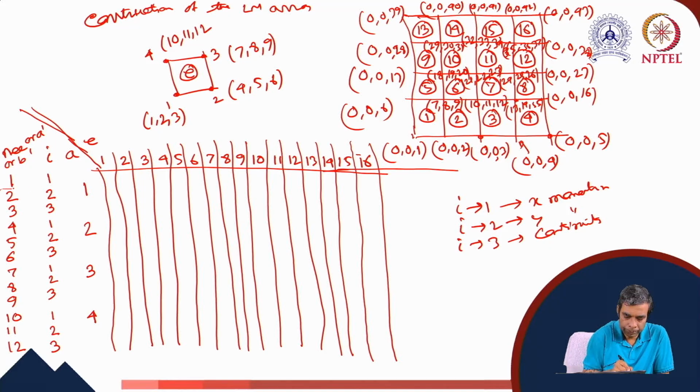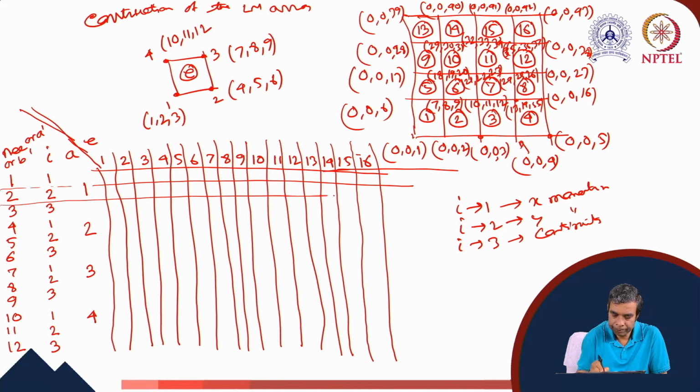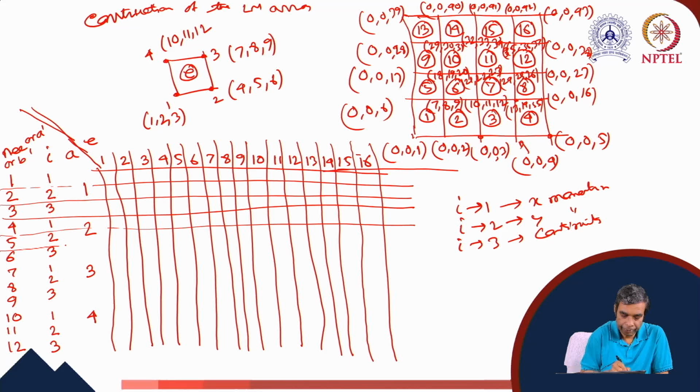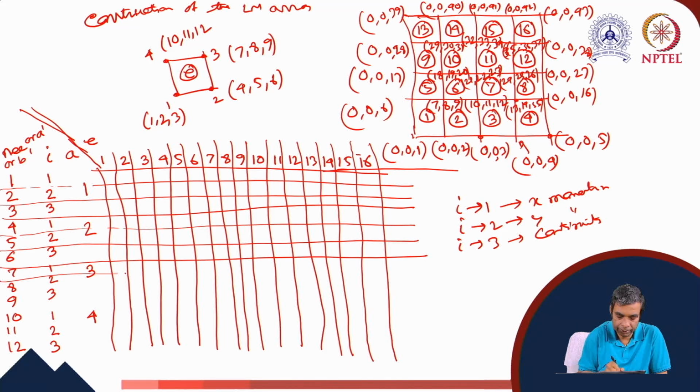Now we use the numbering. We shall put the data from the LM array mesh picture. Okay, let us first make the chart.